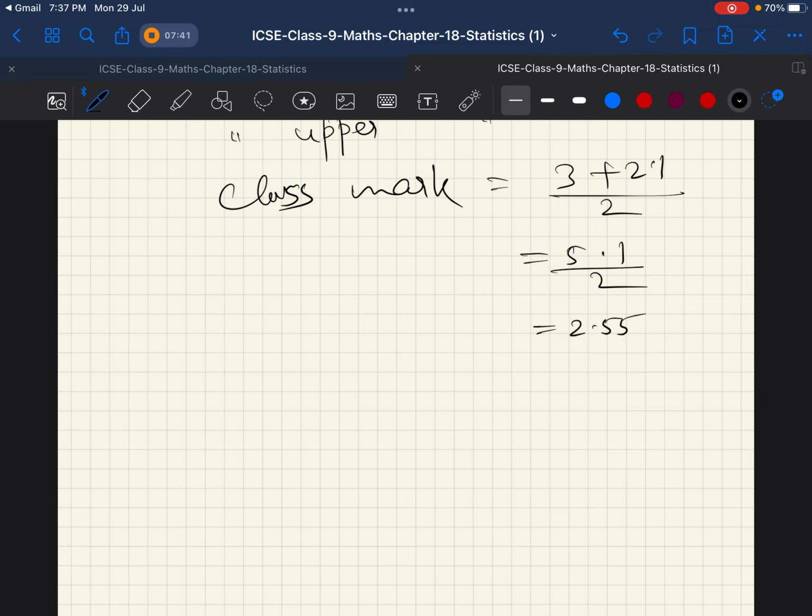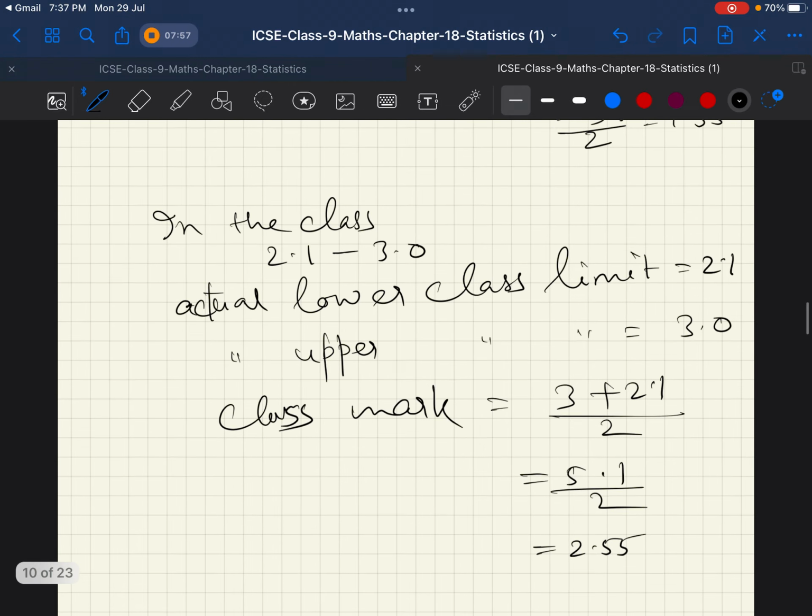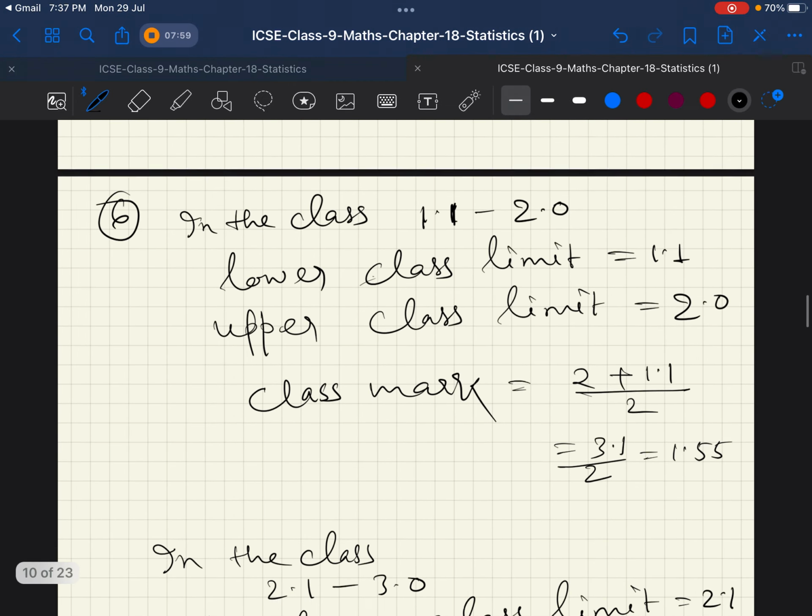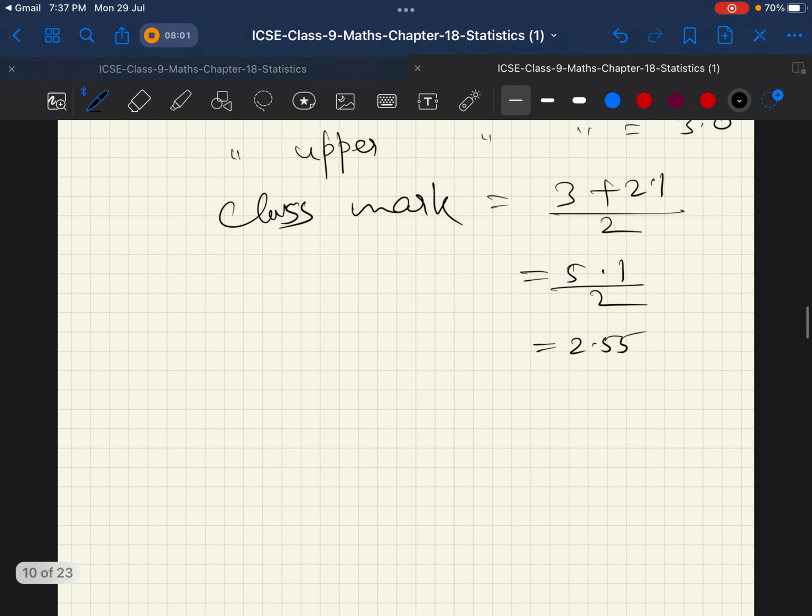This will be 2.55. Here we can't convert the inclusive distribution to exclusive distribution. So we solve in this process.